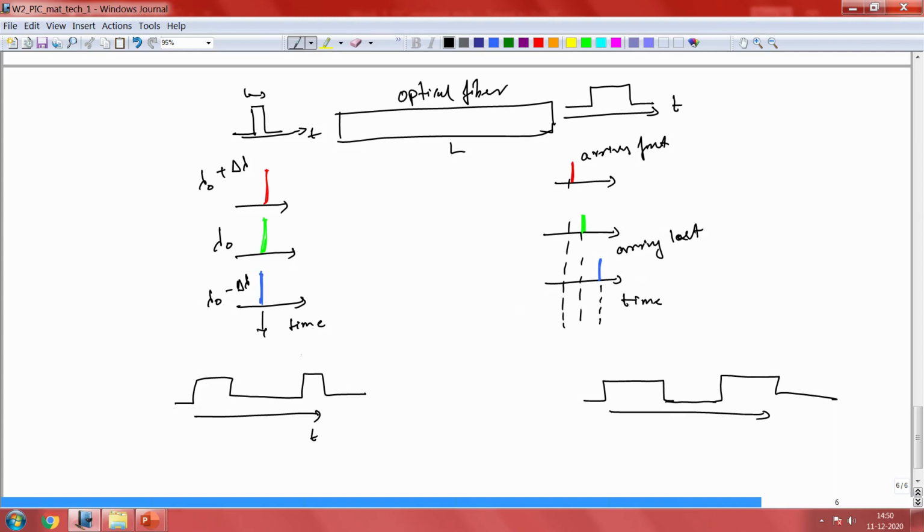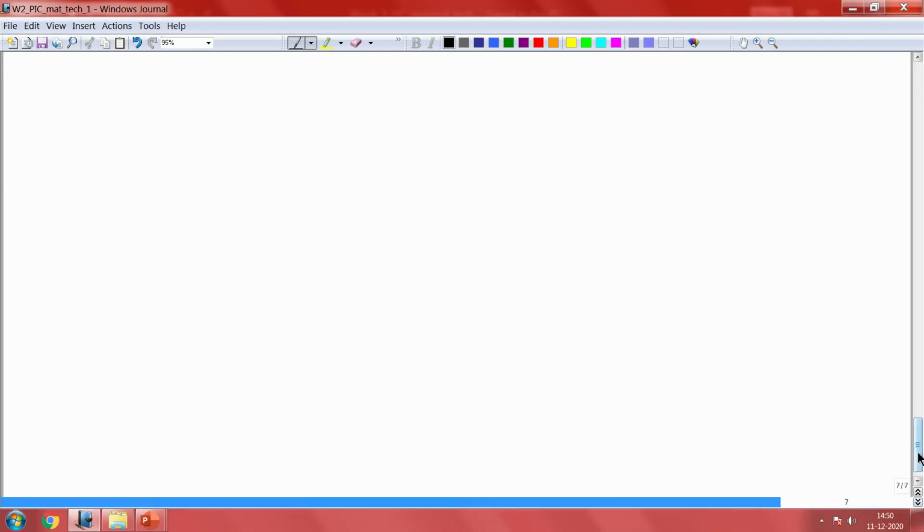Because of this, you have to increase this time, and what that means is you can only send a few bits at a time. So you have to reduce the data rate because of this group velocity dispersion. This is the main implication of having dispersion affect your transmission here.